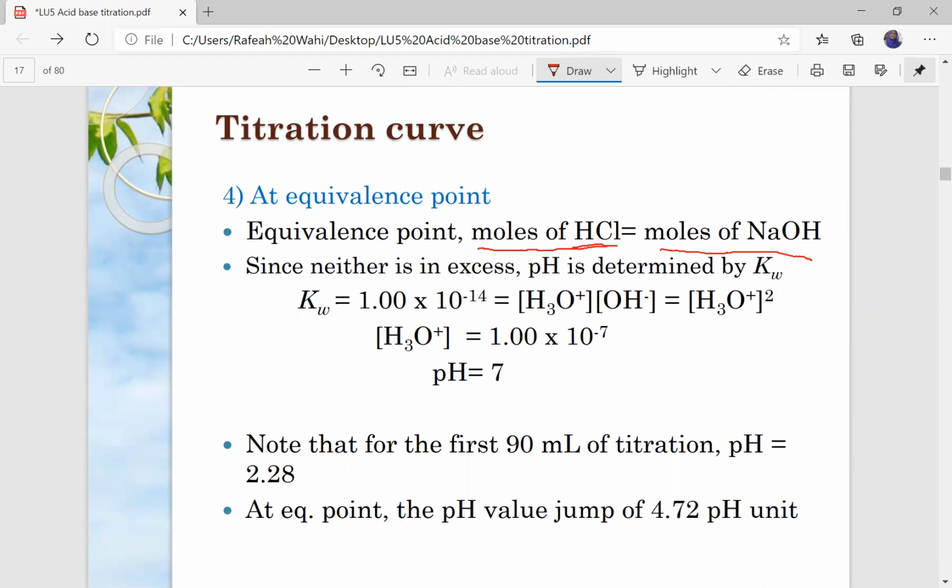Neither the HCl nor the NaOH is in excess, so the pH is determined by Kw, which gives pH 7. For all titrations between a strong acid and a strong base, the pH at the equivalence point is always 7.